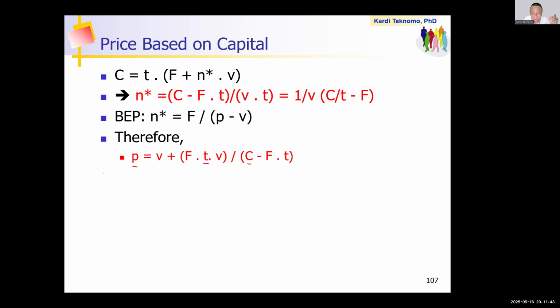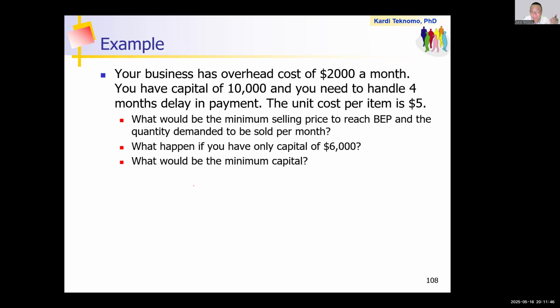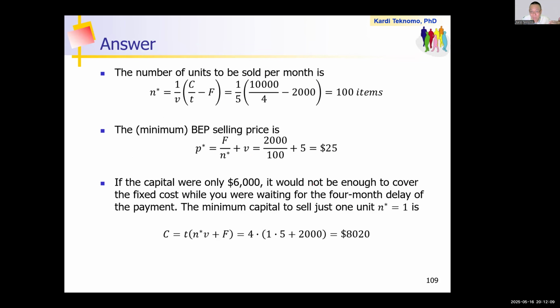So with that, you can compare what will happen if you have certain fixed costs and certain capital, and you can handle certain months of delay and a certain number of items. How much is your selling price? And what is the actual capital needed, minimum, for that? So you can use the same formula to compute all of this.